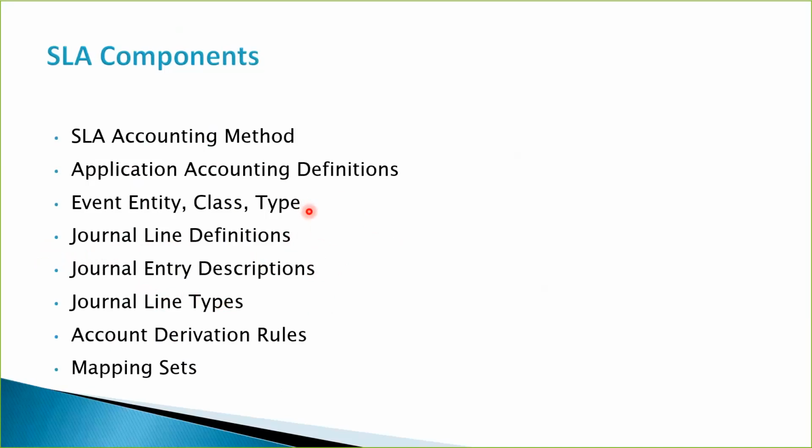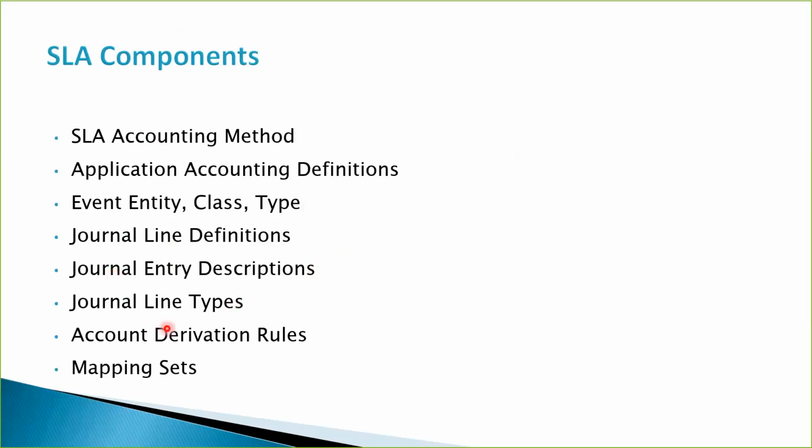Okay, so when you create a journal, it will have a description at the header level, and it will also have a description at the line level for each line. So journal entry descriptions can be attached at the line level and at the header level. At the header level, they are associated with the event type. At the line level, they are associated with the line type.